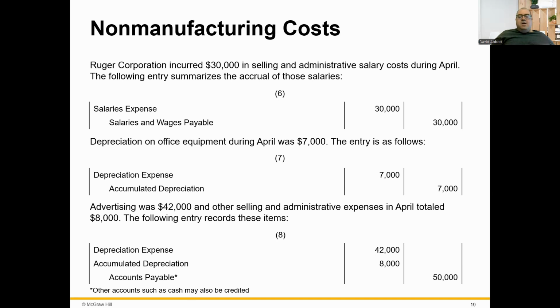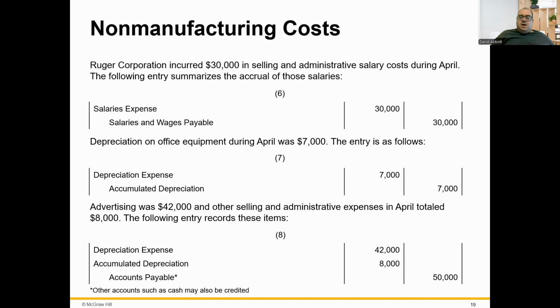And then advertising was 42,000. Other selling administrative expenses in April totaled 8,000. So you would have a debit to depreciation expense for 40, or it should say advertising expense. That's a typo. So it should say advertising expense for 42,000, and then it should say administrative expenses for 8,000.